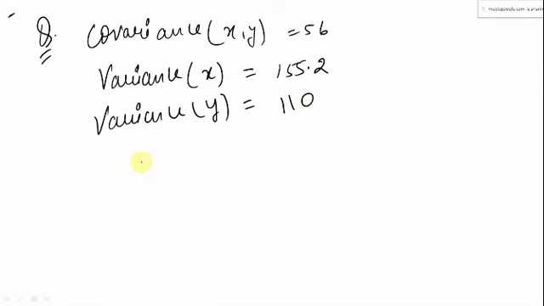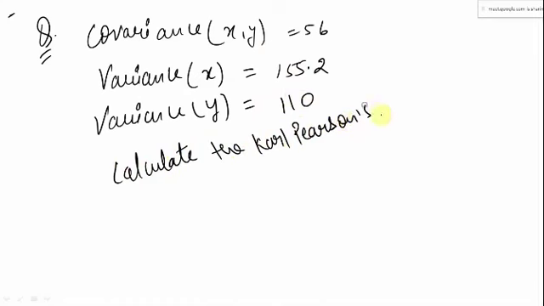So you need to calculate the value called Karl Pearson's correlation coefficient.